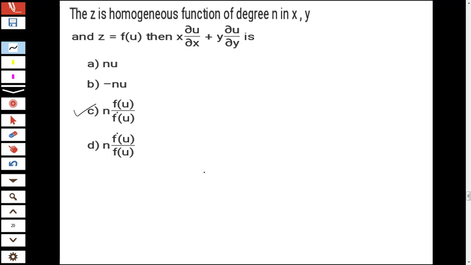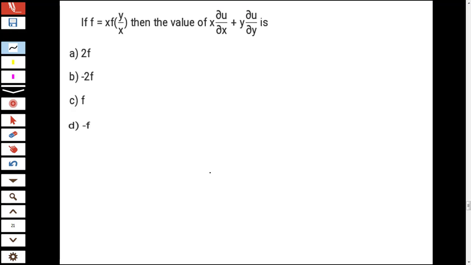Your theoretical question. Now this is f is equal to x into f of y by x. Now you can see that this is already in the standard homogeneous format. So which format is x raised to n f of y by x, means it is for the homogeneous function. So by Euler's theorem, instead of f, you must have there u.